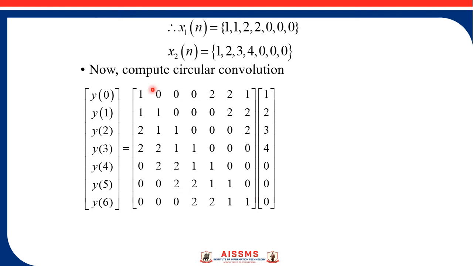I have completed this 7 by 7 matrix in the same fashion as I explained earlier: the last element becomes the first element of the second column, and then shift all the elements and complete this matrix. The second matrix is the x2(n) vector I have written over here: 1 2 3 4 0 0 0 0.